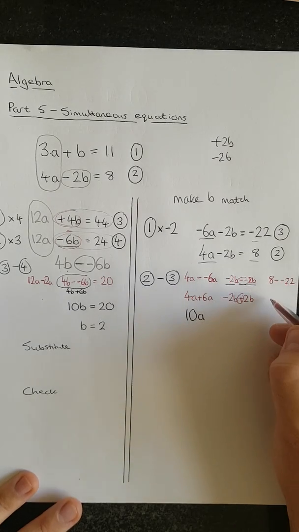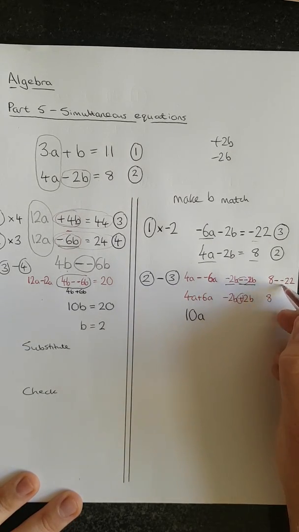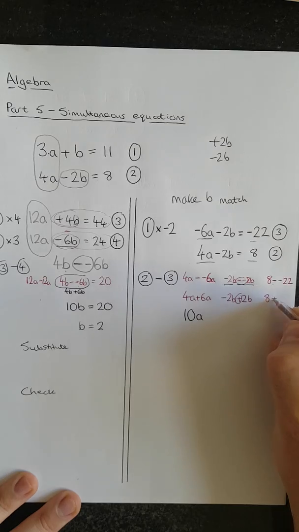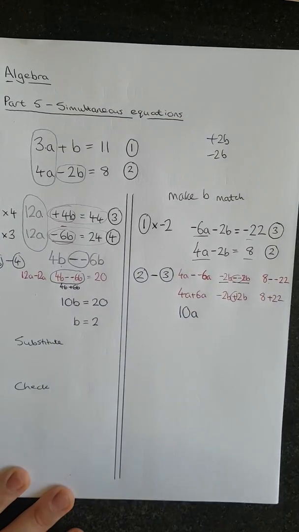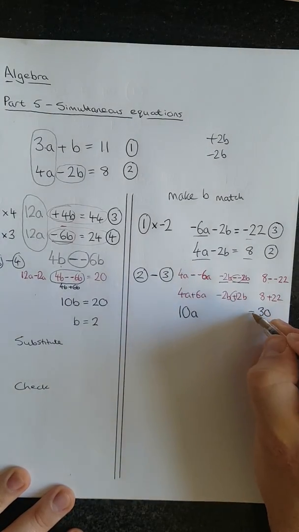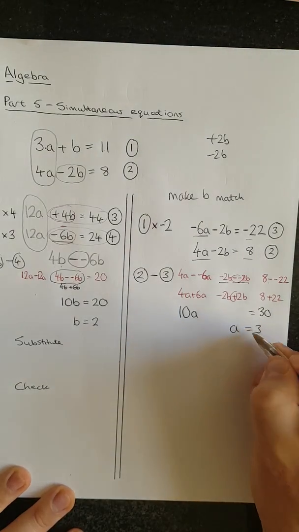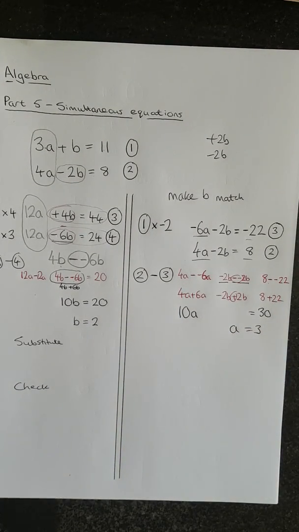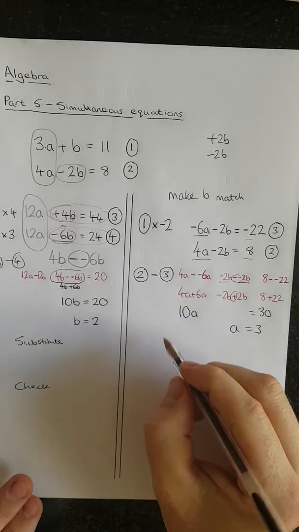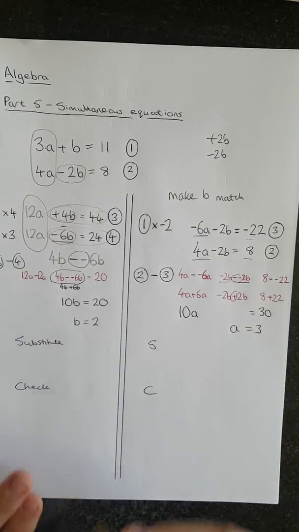So now on to the last one. 8 subtract minus 22 is 8 add 22, which is 30. So we can find A that way. Then we can substitute, and then we can check.